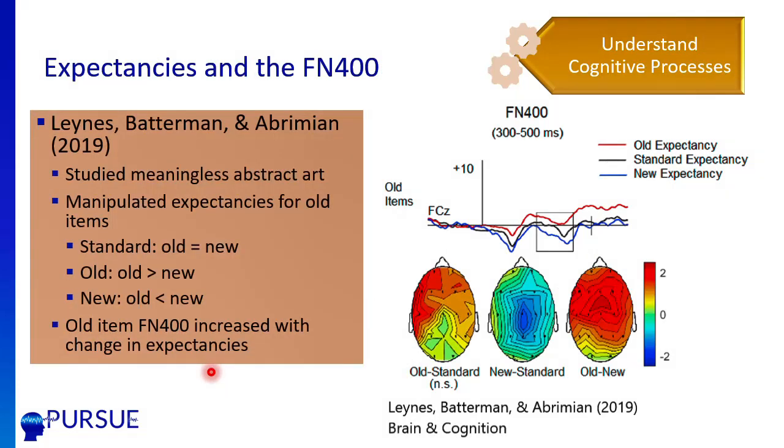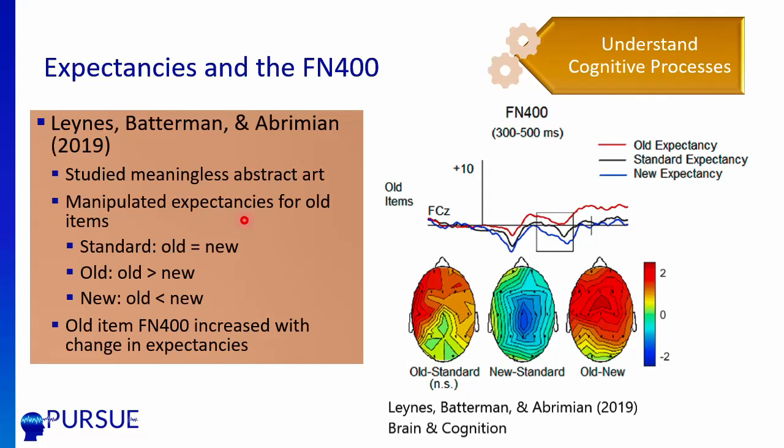So we reasoned that studying meaningless stimuli would change people's expectancies about what they would and wouldn't remember. And so what we did is we had people study meaningless abstract art. Now, under this idea, you shouldn't get the FN400 at all, because if Voss and Paller and colleagues are correct that the FN400 reflects conceptual fluency, that should be eliminated by the meaningless images.